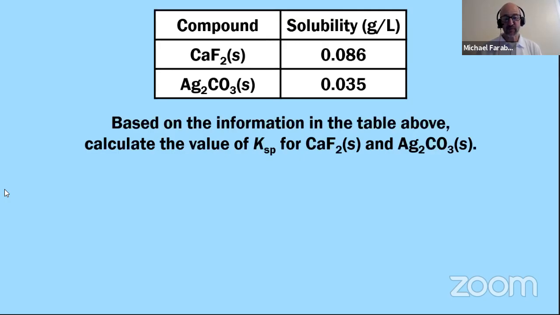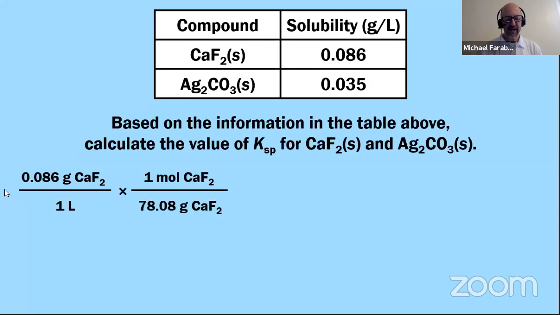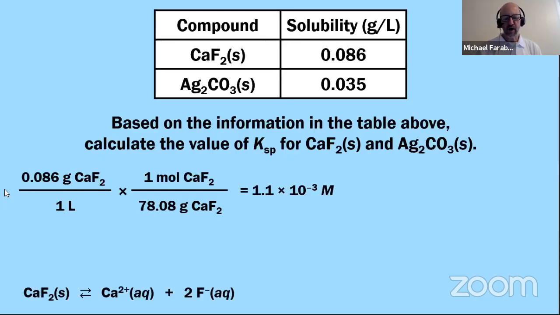Can we go from grams per liter to Ksp? All right, let's again get our periodic table so we can figure out the molar mass of CaF2. So the molar mass of CaF2 is calculated, and this will take me from grams per liter to moles per liter. Now, does the 1.1 times 10 to the negative 3 moles per liter refer to the concentration of the calcium ion?